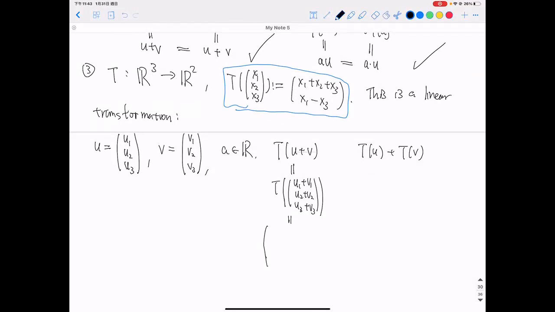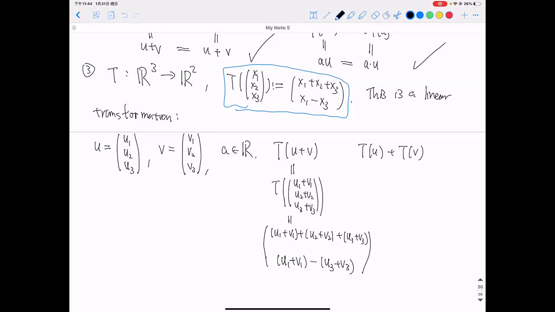So over here we now have T of U plus V, like that for the first entry, and for the other entry, U1 plus V1 minus U3 plus V3.